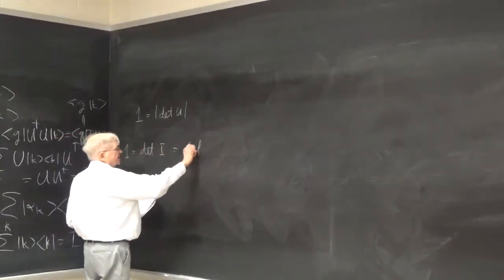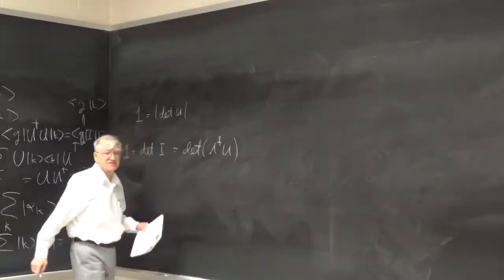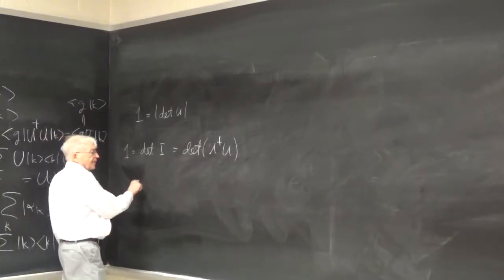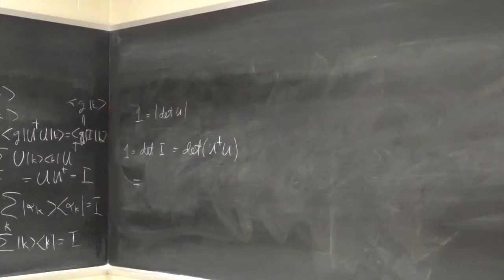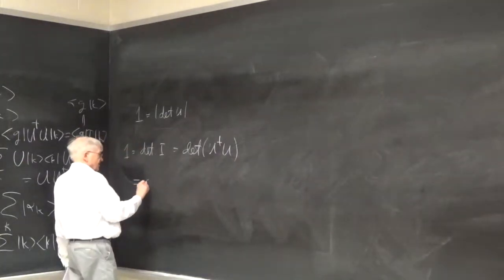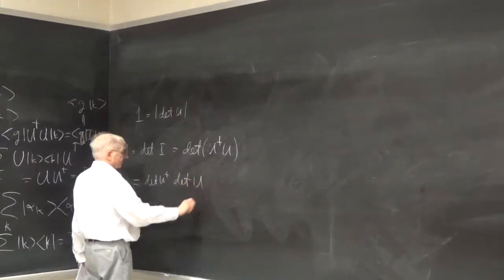So the determinant of the identity is also the determinant of U dagger U for any unitary operator U. But as we'll learn later this afternoon, or as you learned in college or high school, the determinant of the product of two matrices is the product of the determinants. So this is determinant U dagger, determinant U.